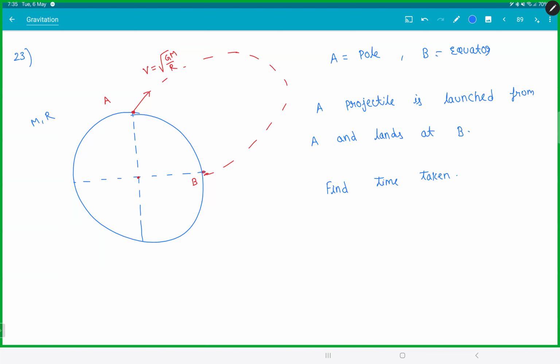I think it's a little different, but now think of it like this.